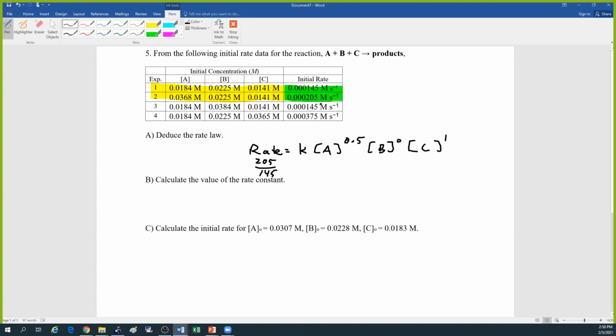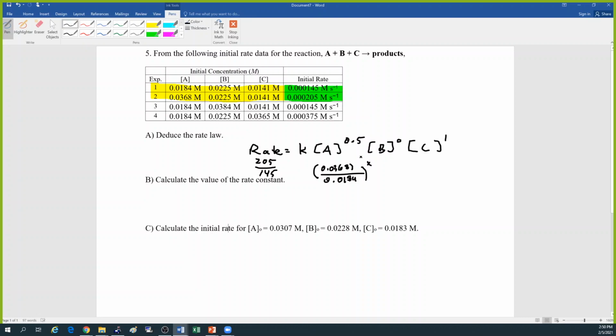The ratio of the concentrations for A is 0.368 over 0.0184, and I could have left out the zeros here too, because it's the same ratio. But this is raised to some power that we're looking for.